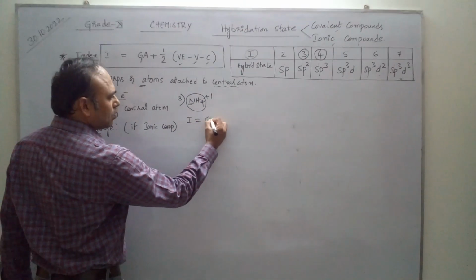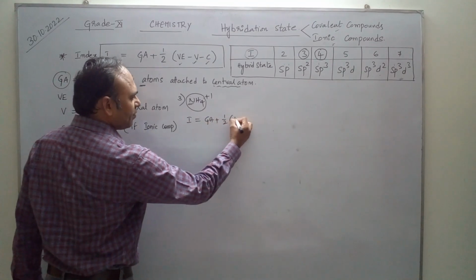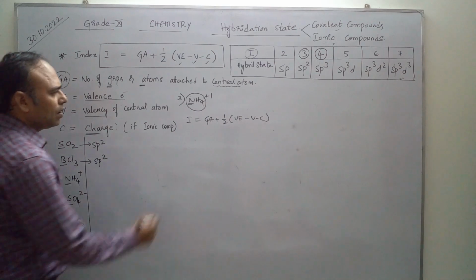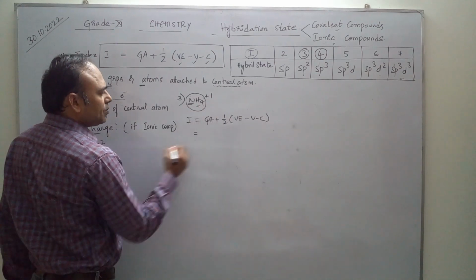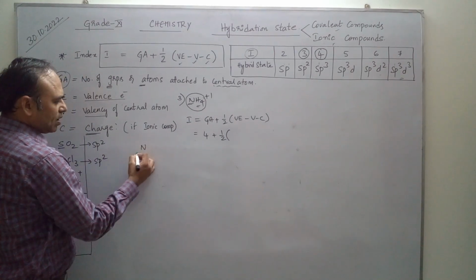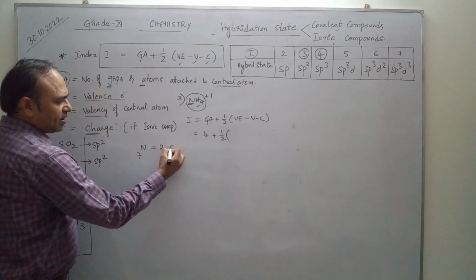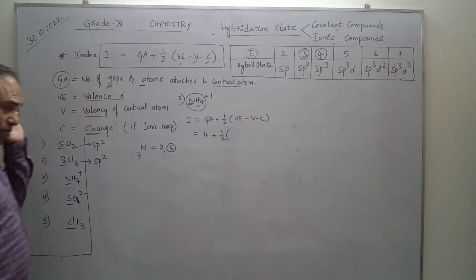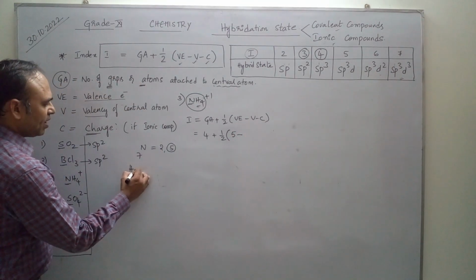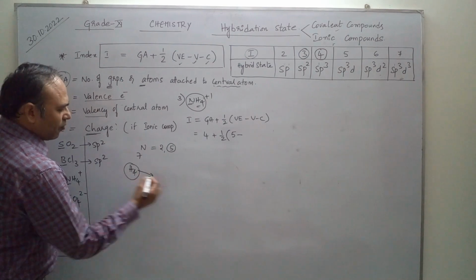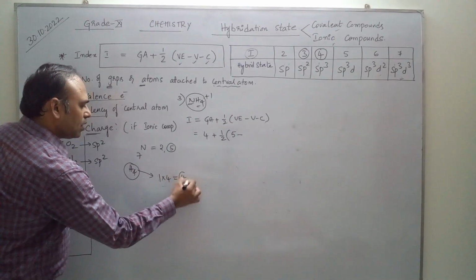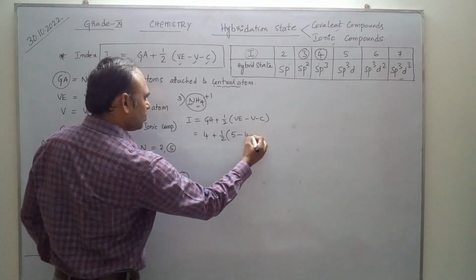I is equal to groups or atoms plus half into Ve minus V minus C. Number of atoms 4, and valence electrons in nitrogen. Atomic number is 7. Configuration we know 2, 5. Hence valence electrons are 5. What is the valency? We have H4. Valency of hydrogen is 1. Number of atoms 4. Hence the value of V is 4.